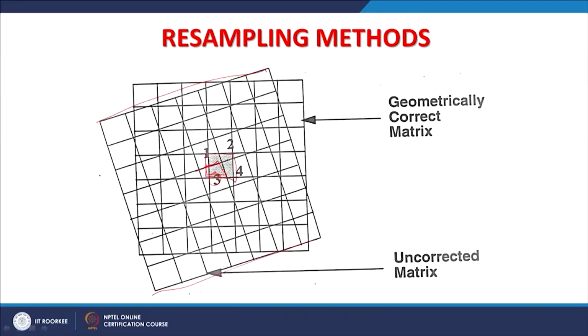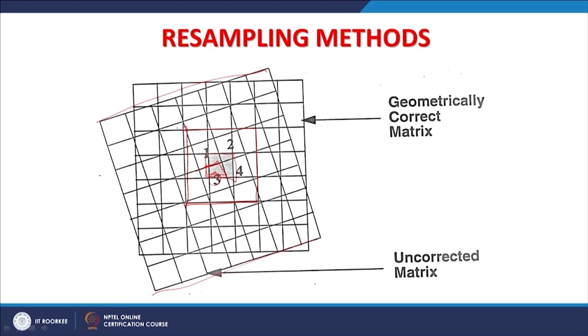So, the first one, where no changes are done and the pixel value is transferred as it is, is called nearest neighbor. The second one, which I have just explained, is called bilinear, where generally only 4 surrounding pixels are involved. Now, instead of taking 4, I can take 4 by 4 or 3 by 3, and then find out which one has maximum influence and which one has less.